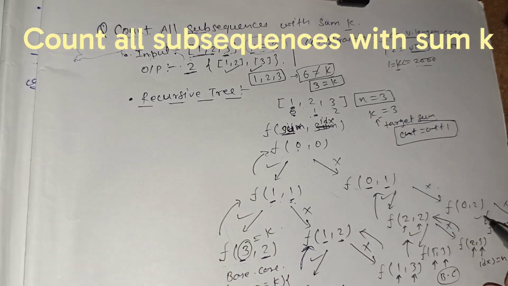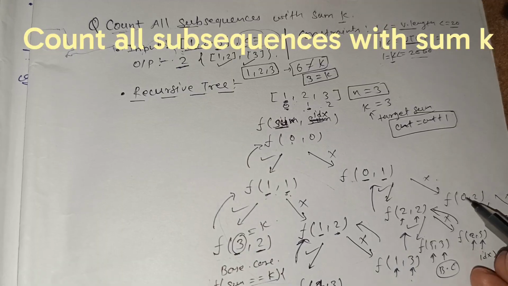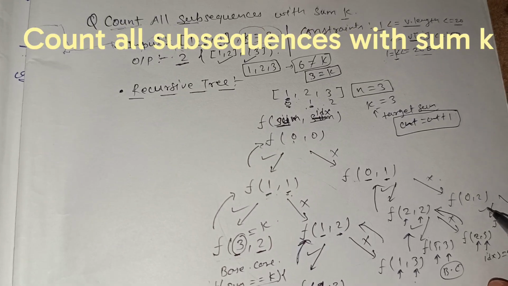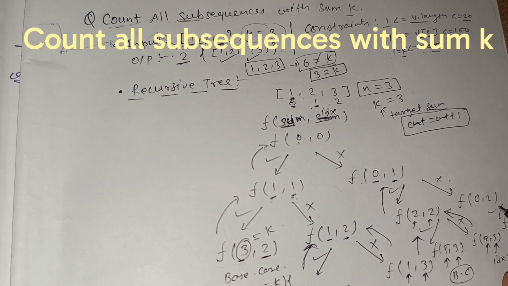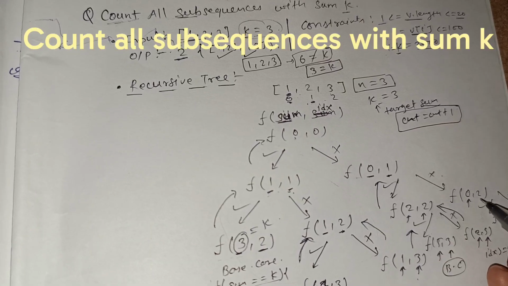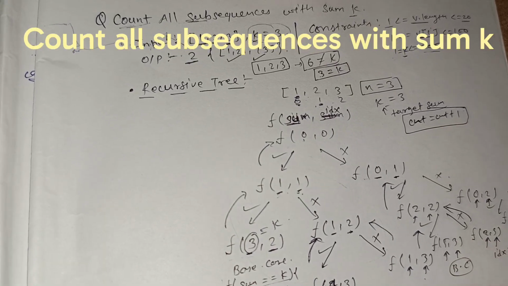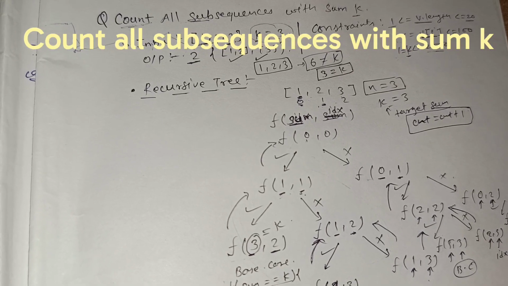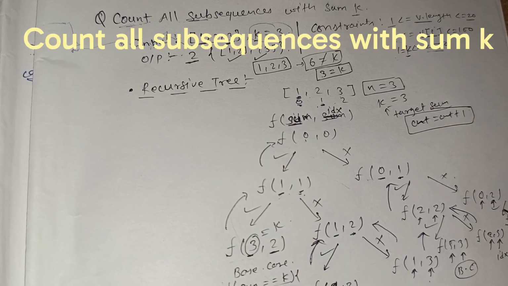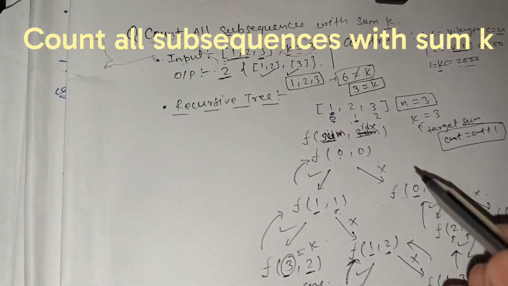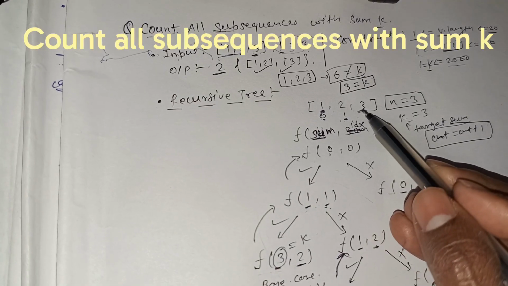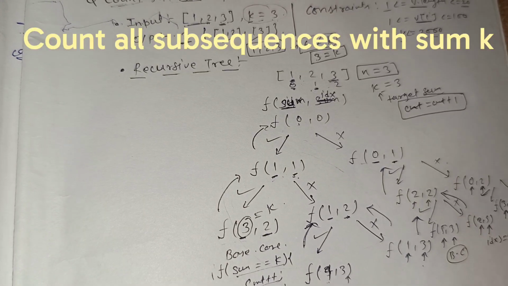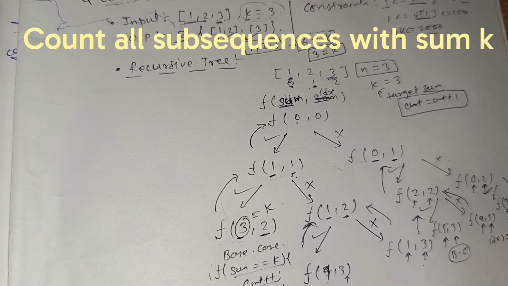Now the right side of the function will go here. The element at index 1 will not be taken, so the sum will remain 0 and the index will be incremented to 2. Now at index 2, we take the element, which is 3, so the sum will be 3 and the index will be plus 1.